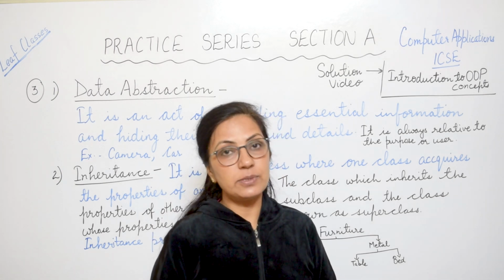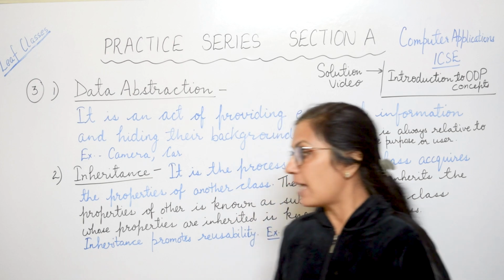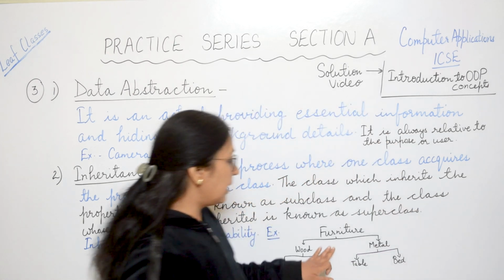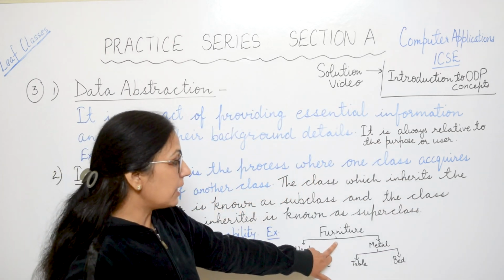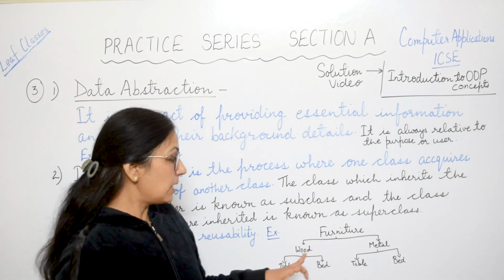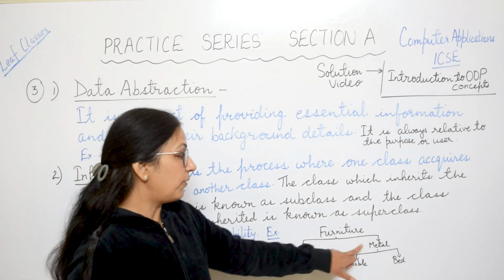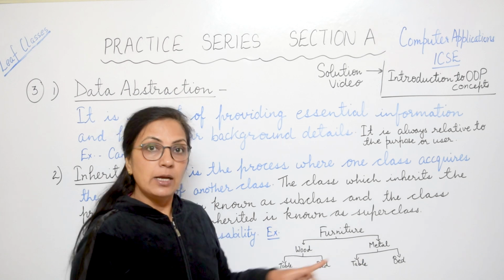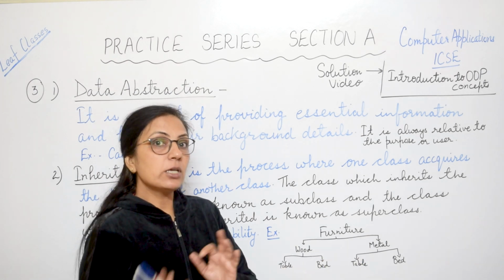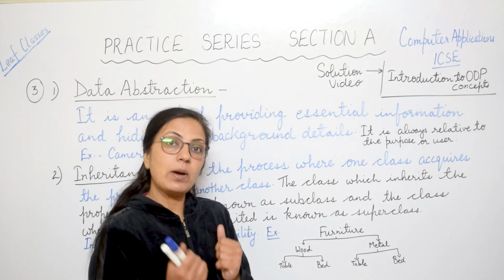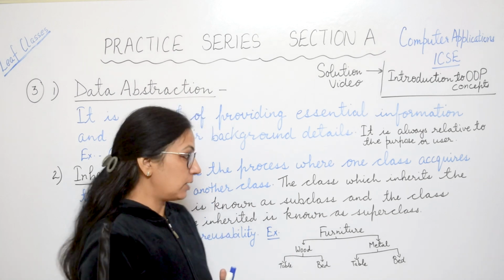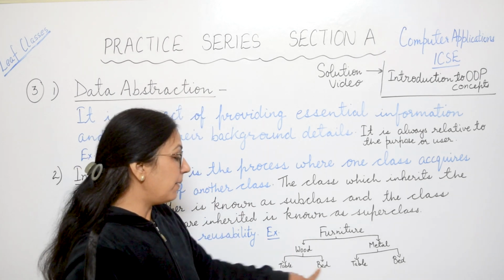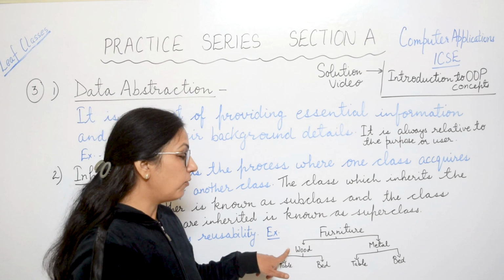So different terms are there. And the examples I can take here, I have written over here. Furniture. If furniture is a class, the two types of furniture, wood and metal. So whether it is wood furniture or metal furniture, it will acquire the properties of the furniture. And table and bed, these two are the classes of wood.